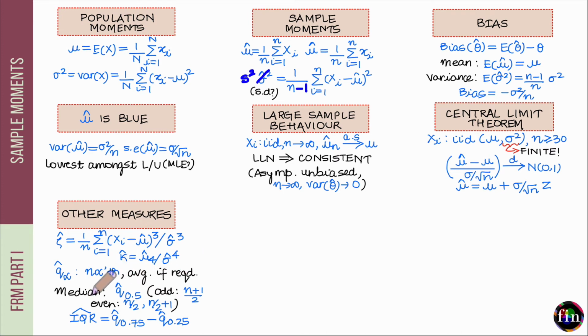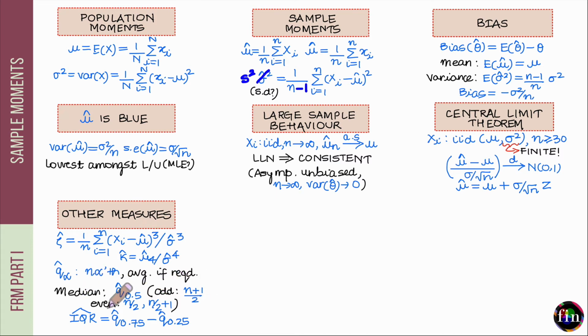Next, let's talk about median, which we know is the 0.5 quantile. To estimate the median, again sort your sample values from the smallest to the largest, and if your sample size is odd, pick the median to be the value which is sitting at the n plus 1 over 2th position counted from the left.